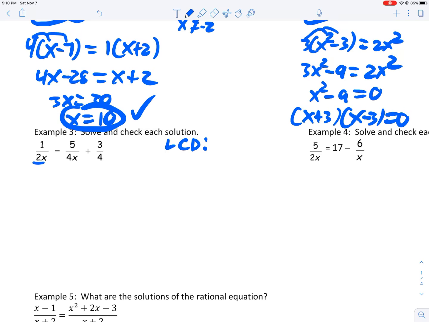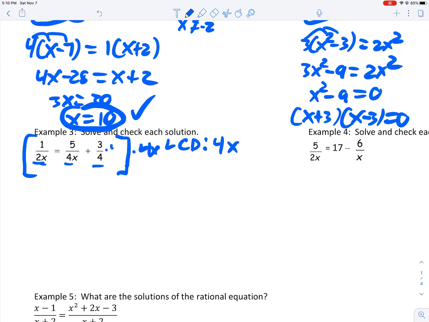So what number do 2, 4, and 4 divide into evenly? 4. The largest power of x is x to the first. So I'm going to multiply the entire equation by 4x.